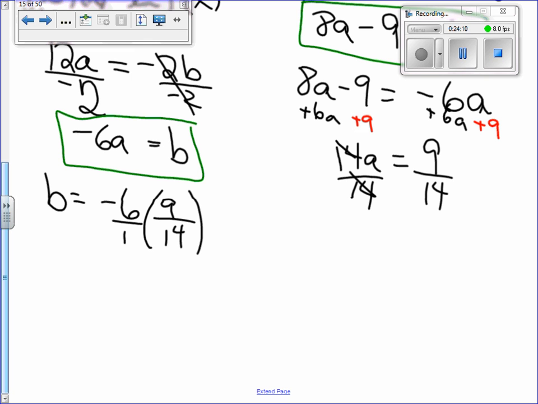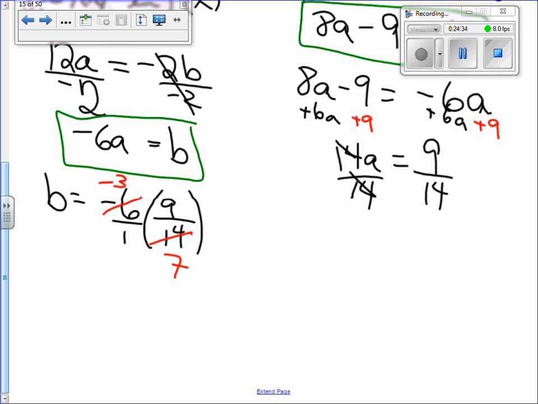You can do top times top, bottom times bottom, but usually if you see anything, you can simplify first. Is there anything that goes into a numerator and a denominator? 2, right? 2 goes into the negative 6, negative 3 times, into the 14, 7 times. Now we multiply across.